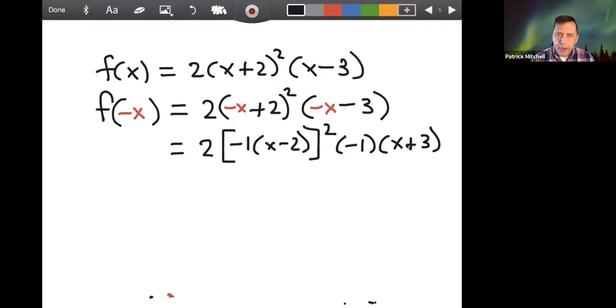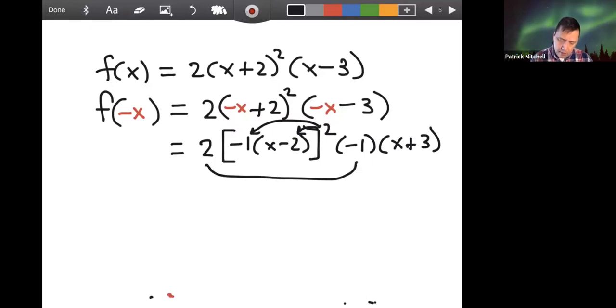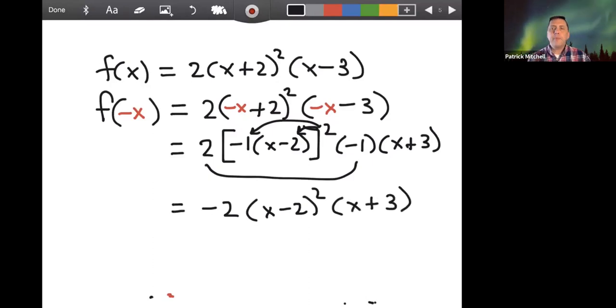Now, when I square this factor, that negative 1 is going to disappear because the square of negative 1 is 1. And if I put these two together, I'm going to end up with negative 2 times x minus 2 squared times x plus 3, which is clearly not the same thing as the original function.